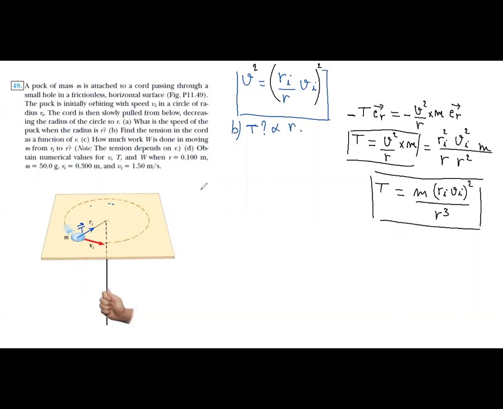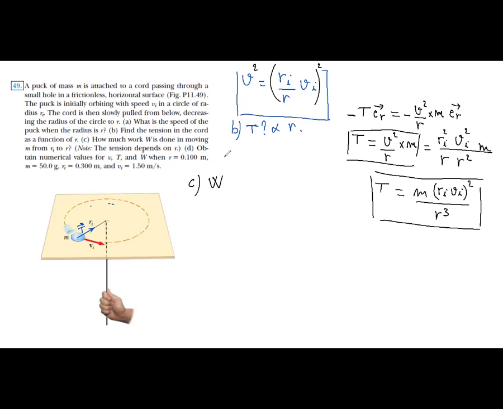Part C. How much work is done in moving from R initial to R final? I need to find the work consumed by moving from this position to the final position.